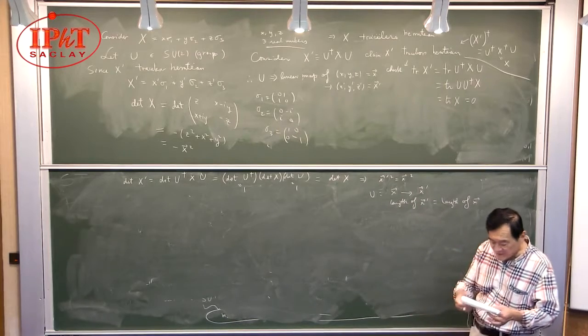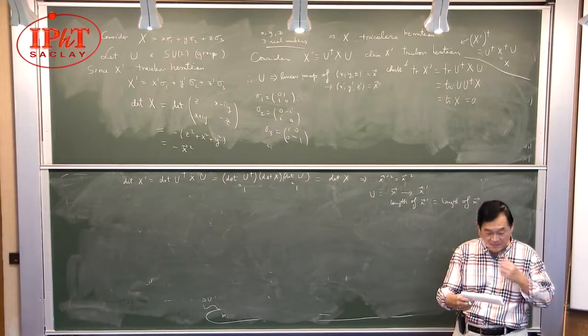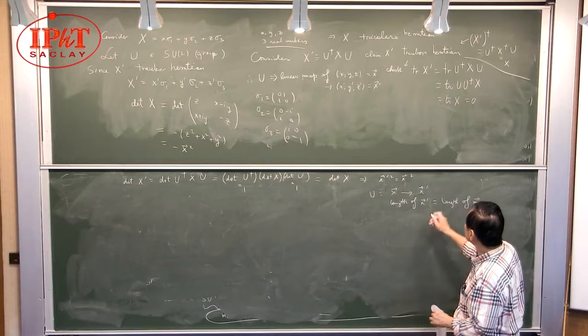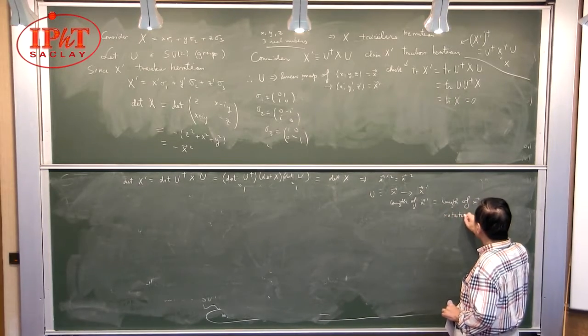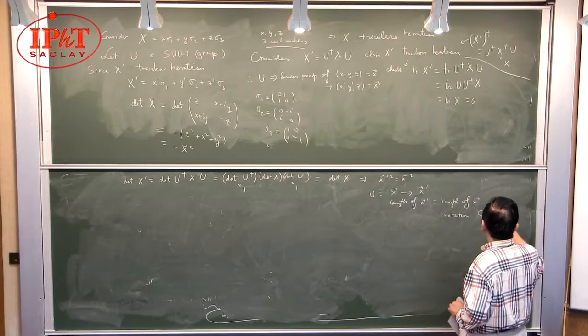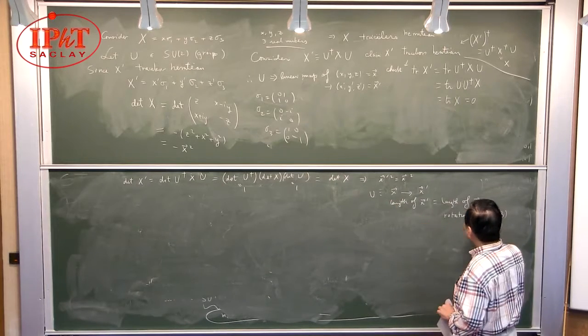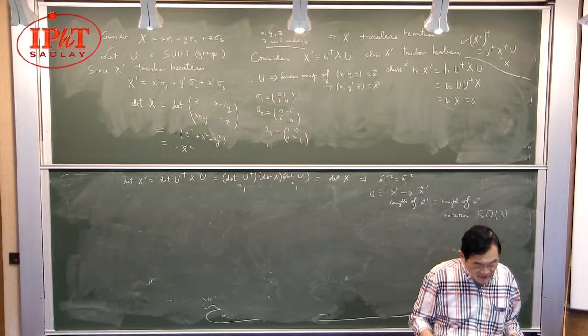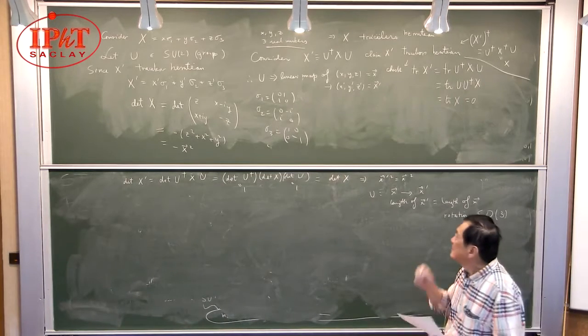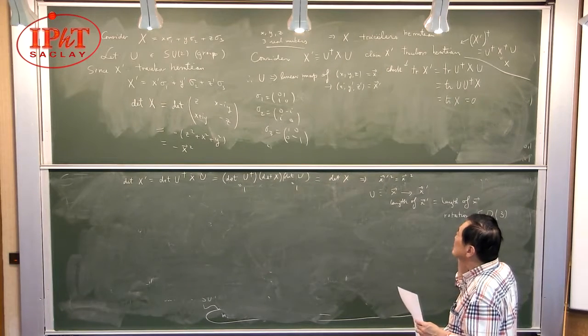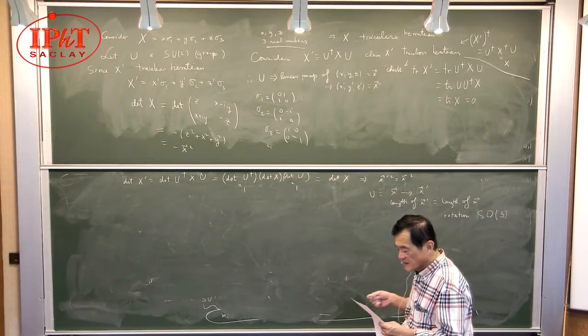So it maps any vector into another vector, preserving the length. So this is in fact a rotation, SO3. So for every U, there corresponds a rotation. So this shows that there's a relationship between SU2 and SO3.